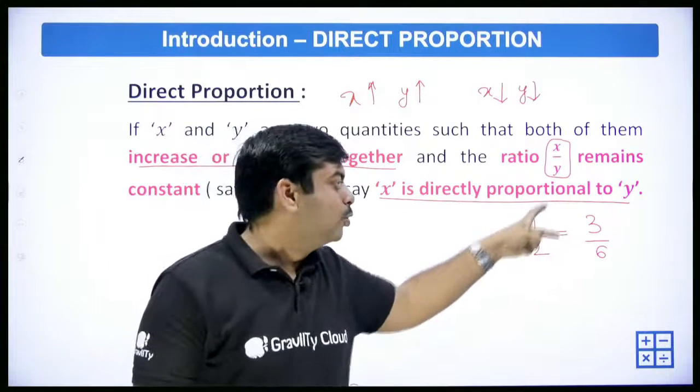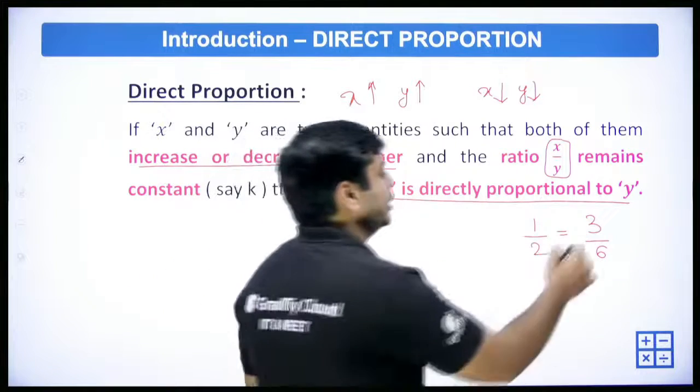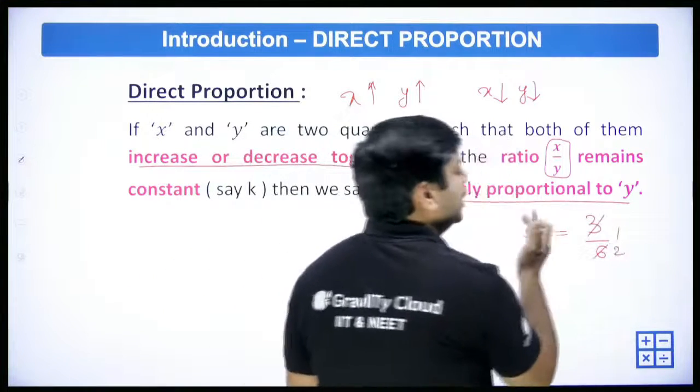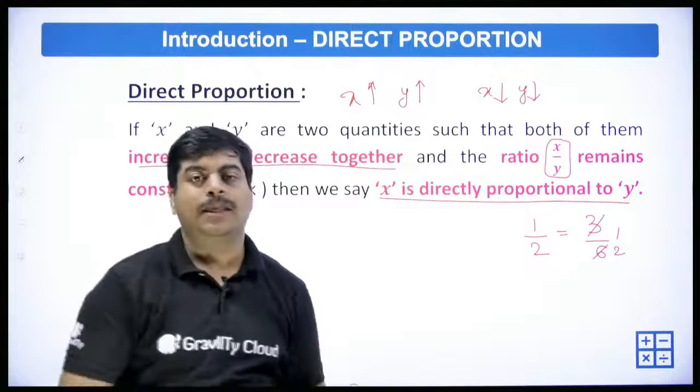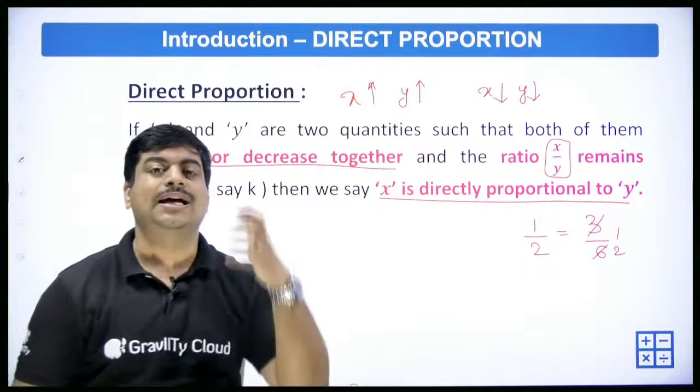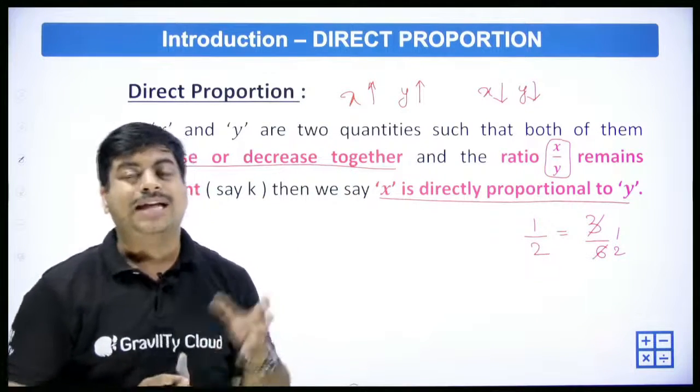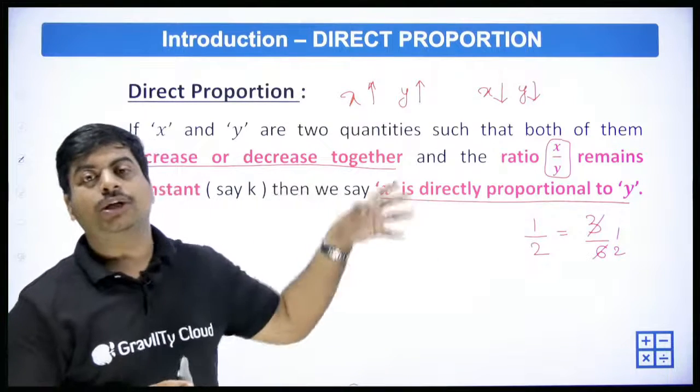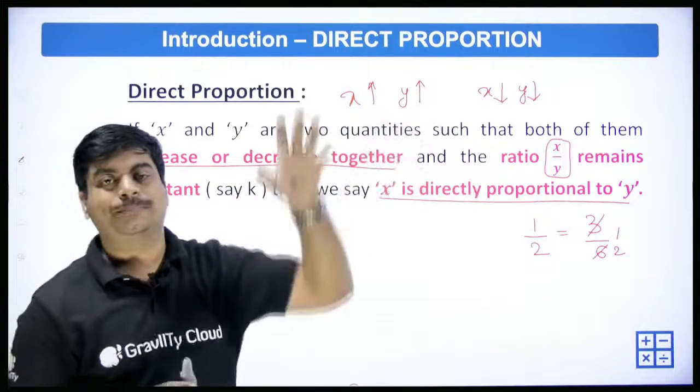It is 1:2, and 3 by 6 is also equal to 1 by 2. Such a proportion is a direct proportion: x is directly proportional to y.